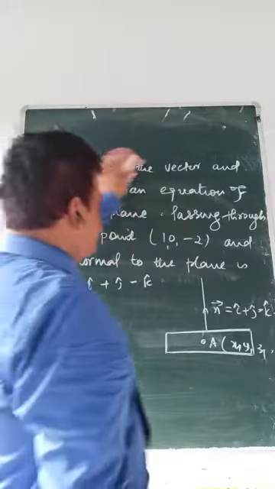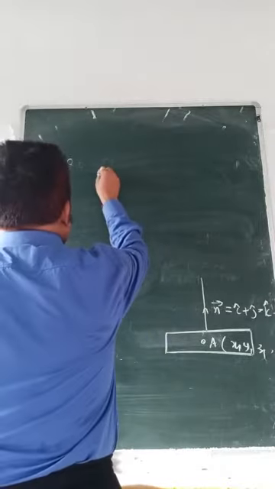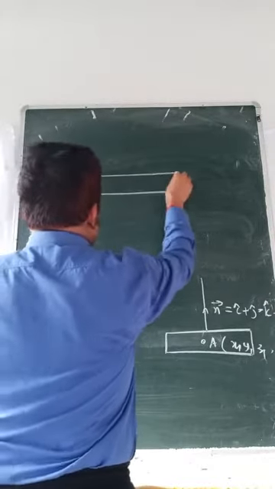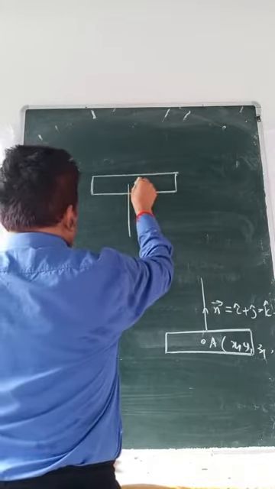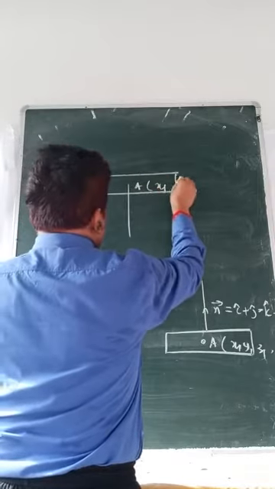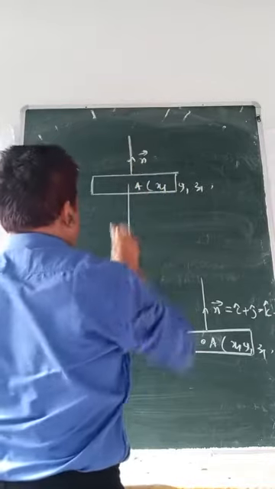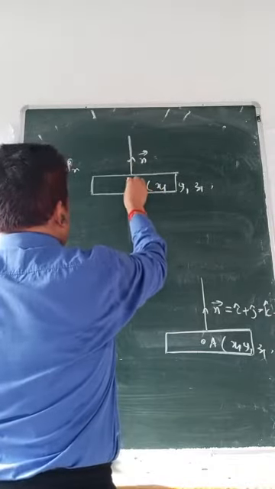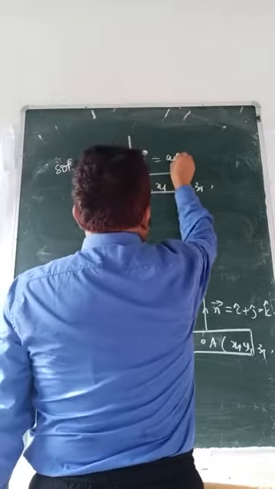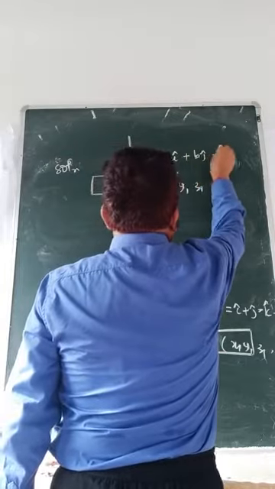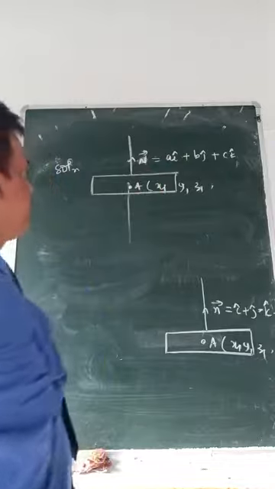I would like to remind you that if you remember this formula, this is the point A, that is x1, y1, z1. This is the normal. This is of course not required. This is the passing through a point only. This is ai plus bj plus ck. This was your capital N, I think, if you remember it.